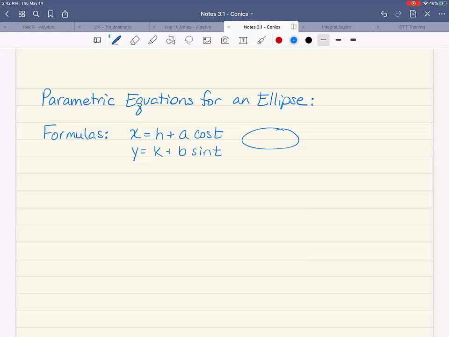Now, what's going to change for the vertical? With the vertical, the A and the B are going to switch. So for the vertical, it'll be x equals h plus b cosine of t. y equals k plus a sine of t. Please remember the words cosine and sine never switch. X always goes with cosine, y always goes with sine.